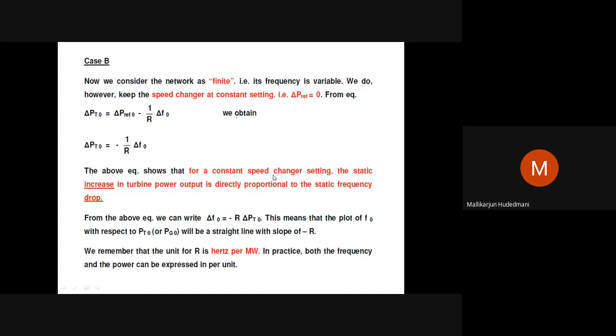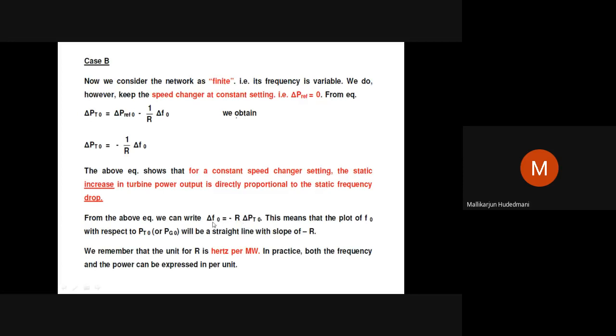That's the meaning. With constant speed setting, the static increase or decrease of turbine output is proportional to the frequency only. From this we can write the above equation: delta F0 is equal to the shift required times the droop value. Droop is mentioned by the governor for the particular generator, 4%, 5%, like that.